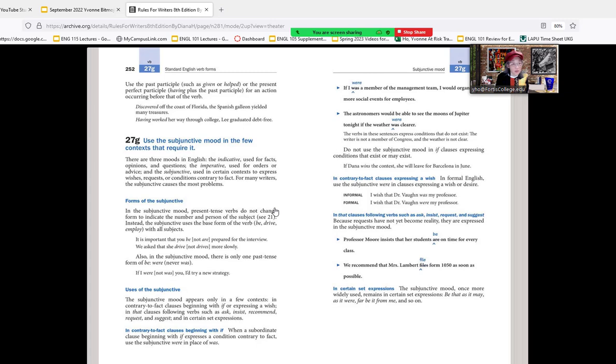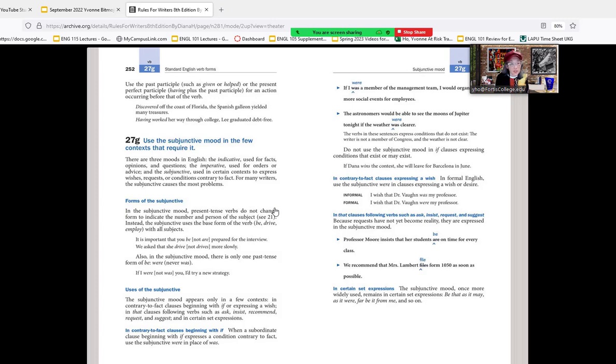Use the past participle, such as given or helped, or the present perfect participle, having plus the past participle, for an action occurring before that of the verb. Discovered off the coast of Florida, the Spanish galleon yielded many treasures. Having worked her way through college, Lee graduated debt-free.